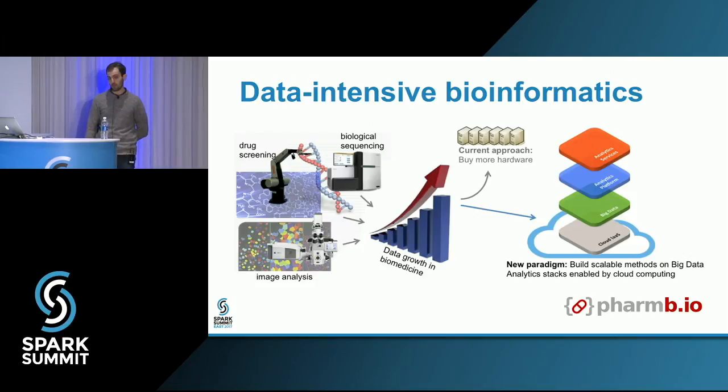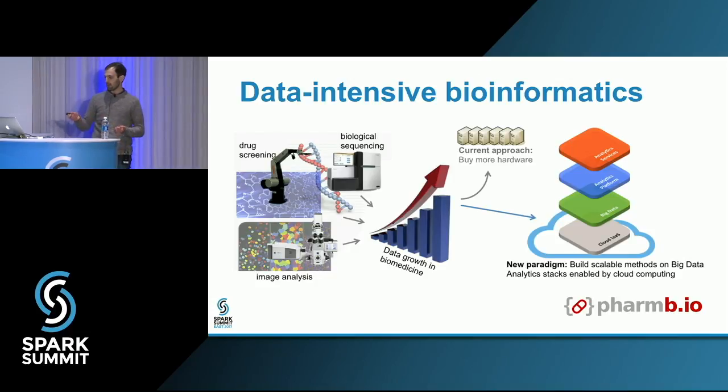And what people were doing previously, when the dataset was growing, was buying more hardware, but now there is cloud, which is better because it's more flexible. You can upscale and downscale in an agile manner.